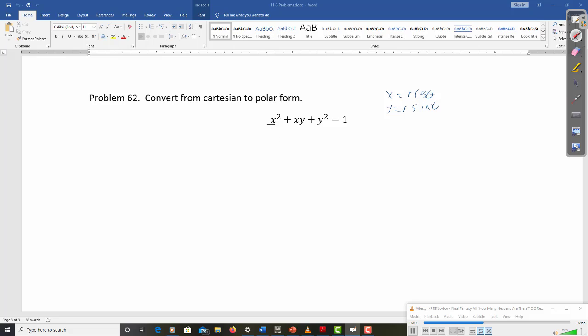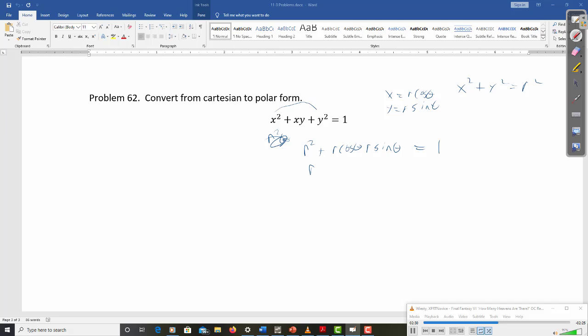Because then this is r squared, and x squared plus y squared equal r squared, so you can combine those two and you have r squared. Then that's r cosine theta times r sine theta. Then that equals 1.